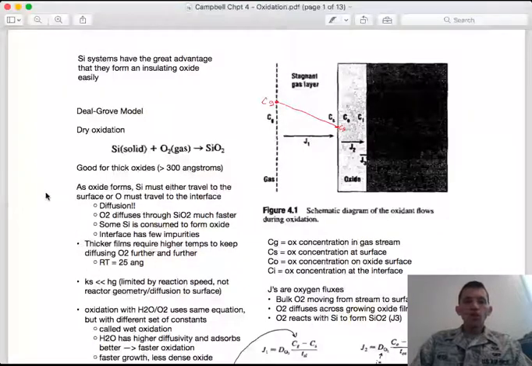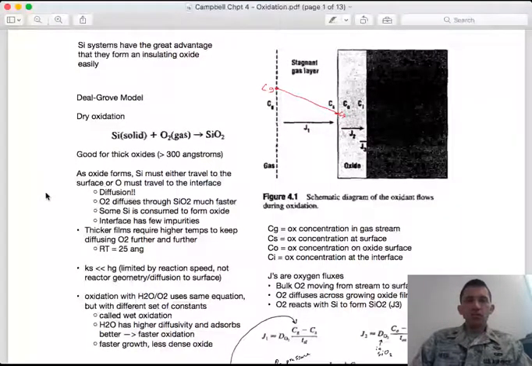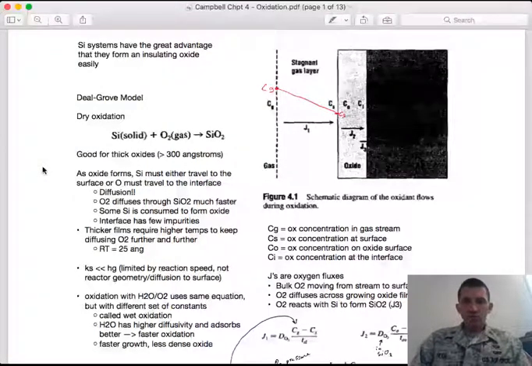So the model that's used is called the Deal-Grove model, and it has two permutations, two main sets of conditions. That would be dry and wet oxidation. And I'm going to derive the model considering dry oxidation just because it's a little bit simpler. When we're talking about dry oxidation, what we're talking about is the combination of silicon in your single crystal, so in a solid, with oxygen molecules from the surrounding environment to form SiO2.